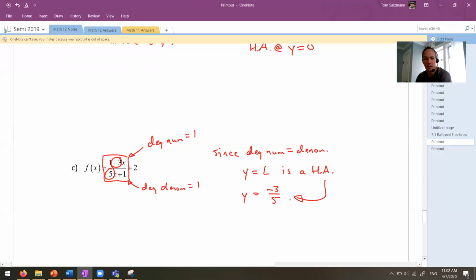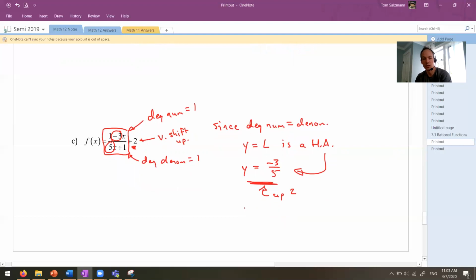Okay, now we've got to actually deal with this. We've got to remember that all the things we talk about are guidelines, but we still have to remember that adding 2 to a function is going to have a vertical shift up. So while you might be tempted to say that this would be our horizontal asymptote, we've got to shift up by 2 spaces.